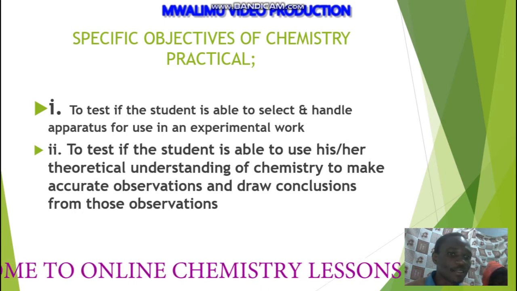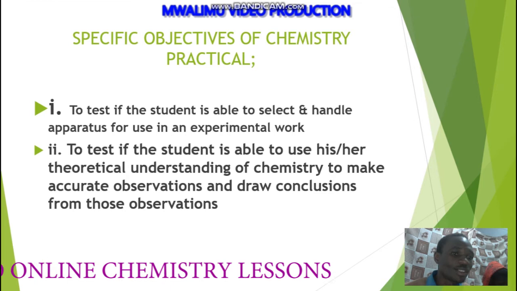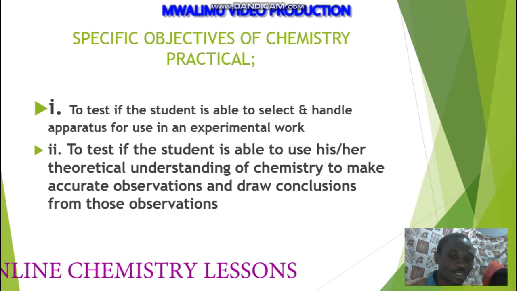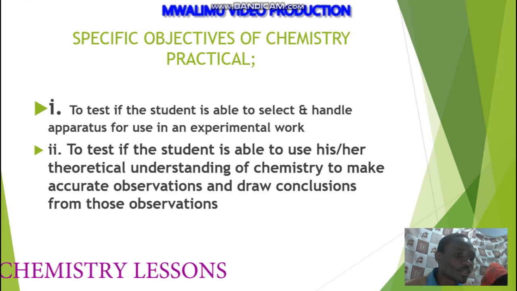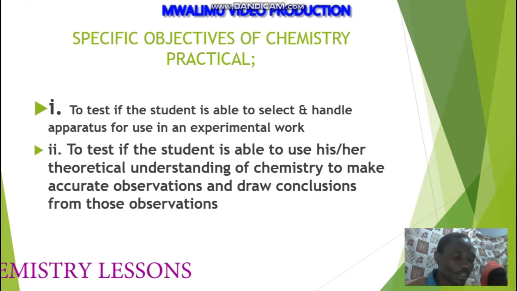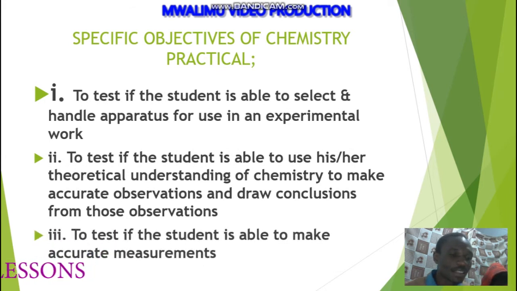Another objective is to test if, as students, we are able to use our theoretical understanding of chemistry to make accurate observations and draw conclusions from those observations. Because in chemistry, we shall be using a lot of observations and conclusions. You see it in observations and inferences.